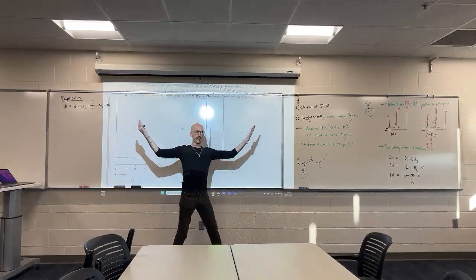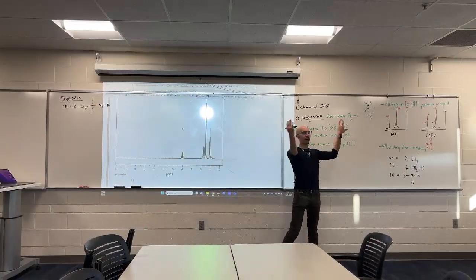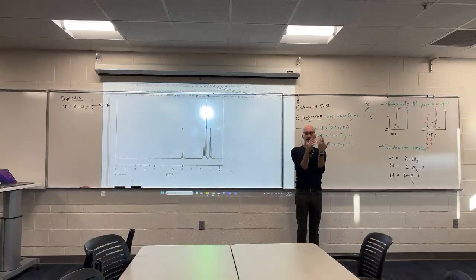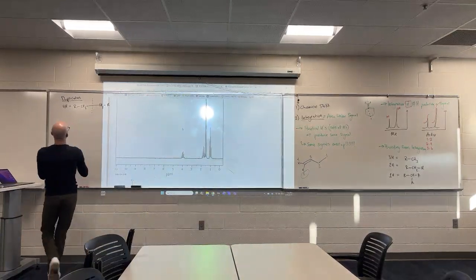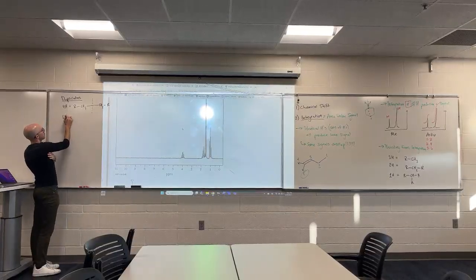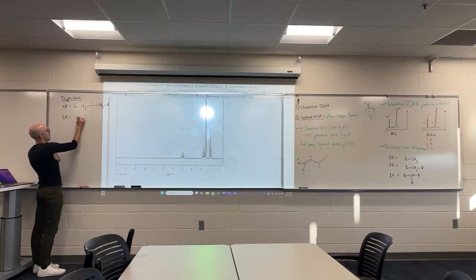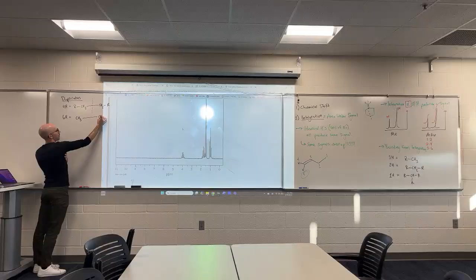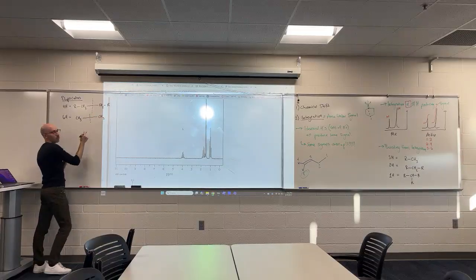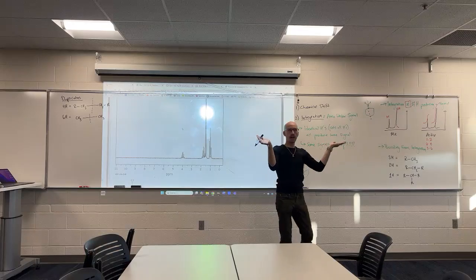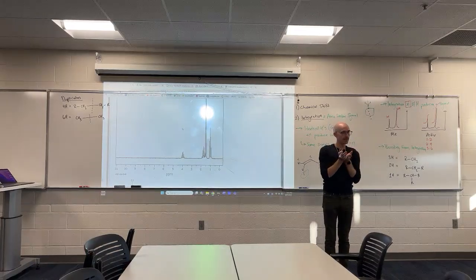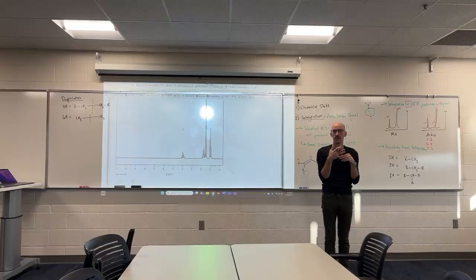You've got 2 CH2 groups that are identical to each other, adding up to the same signal. Where do you think I'll go from here? 6H. With whatever you want in the middle, but 2 methyl groups that are symmetric to each other, all 6 of those hydrogens integrate together.